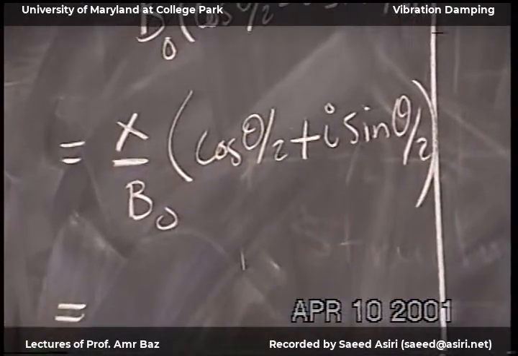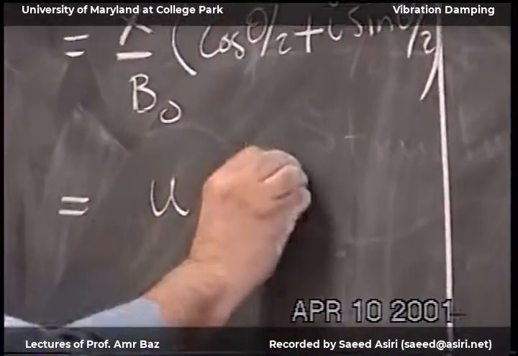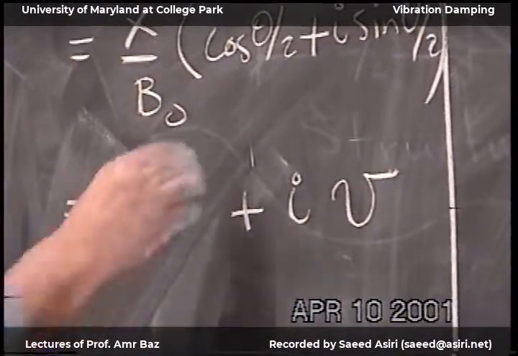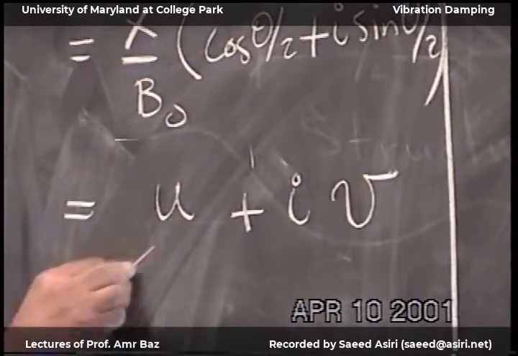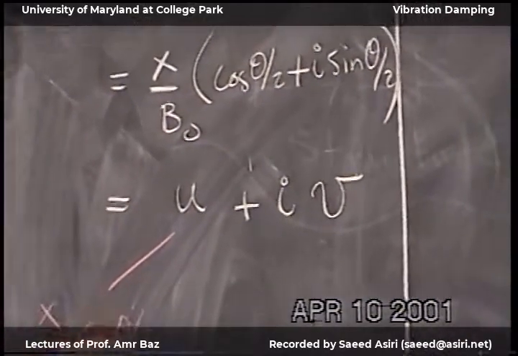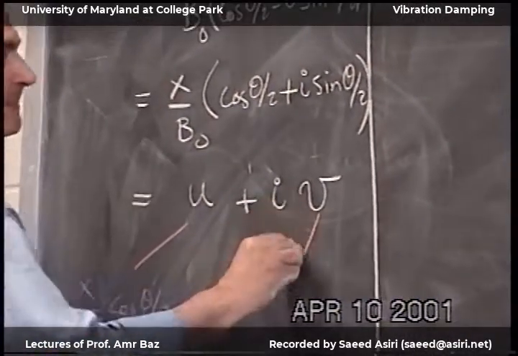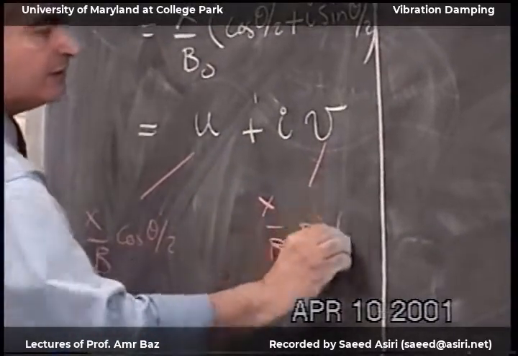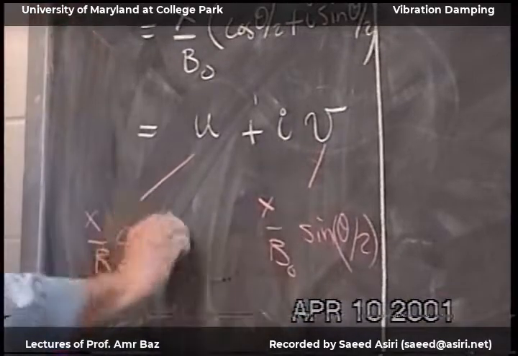And I'm going to call this u plus I v. And the u is x over b0 cosine theta over 2, and the v is x over b0 sine theta over 2.